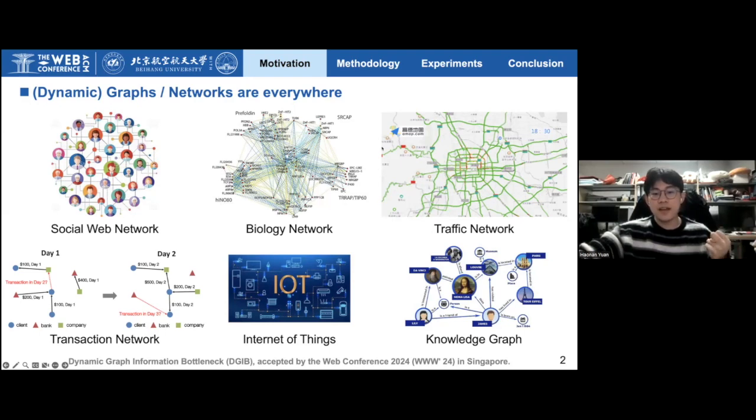Additionally, over time, the static graph takes on a time dimension and becomes the dynamic graph. For example, the traffic network describes the traffic flow of the urban transport network at different times of the day, and the transaction network describes the trading relations between clients, banks, and companies on different days.